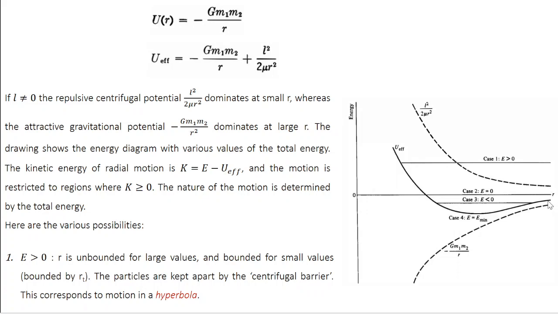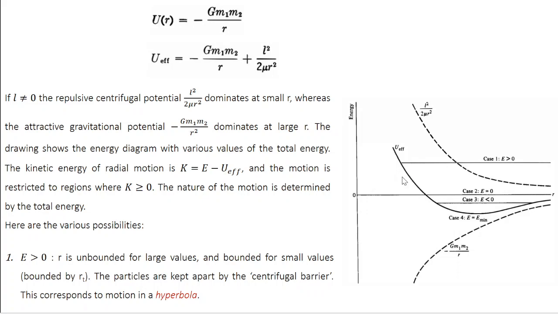On the other hand, when you decrease the separation distance, you can come up to this point. Beyond that, if you decrease the distance, what happens? You can see the effective potential energy will be greater than the total energy, which is the forbidden region. So in other words, for small value of r, the motion is bounded by this particular turning point. So on one side, the motion is unbounded, on the other side, motion is bounded.